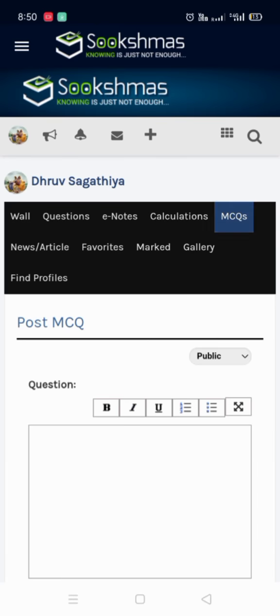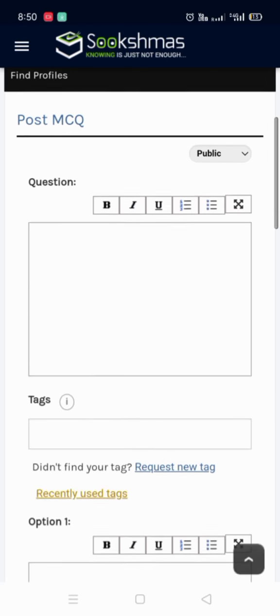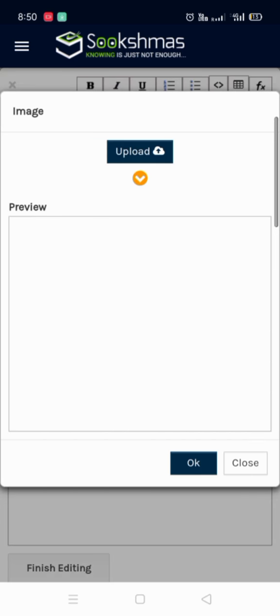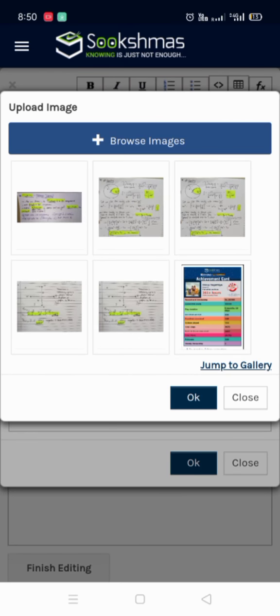Whenever I go into Post MCQ, the image size should be only 200 to 300 KBs. If it is in MBs, that would be a problem, and your image will not be able to post over here.